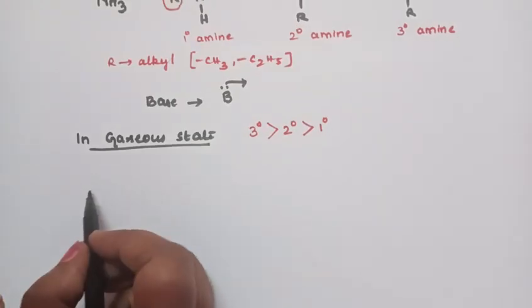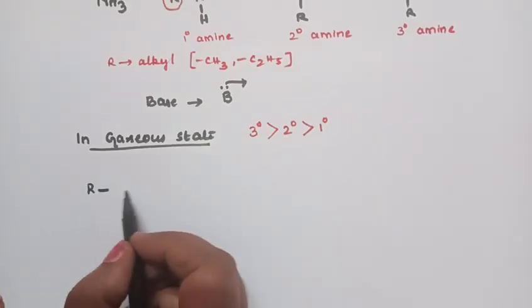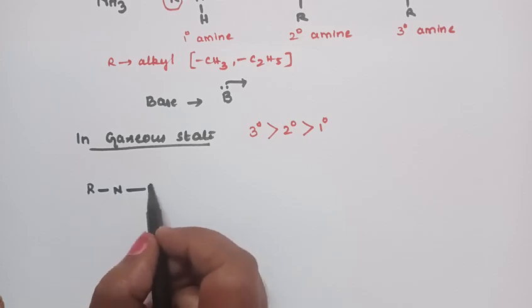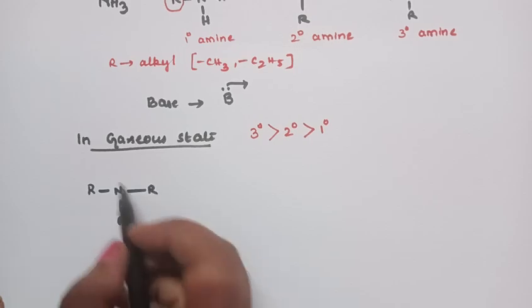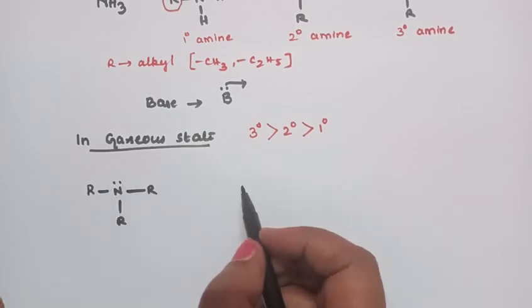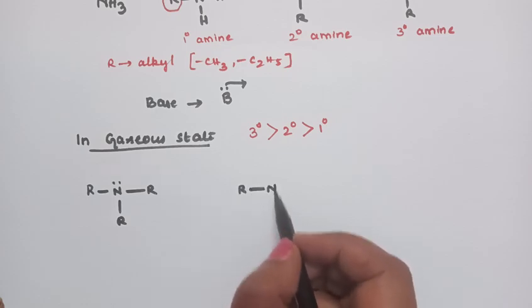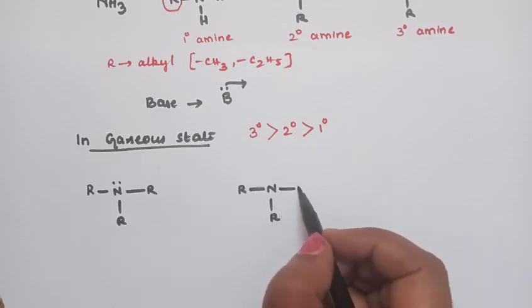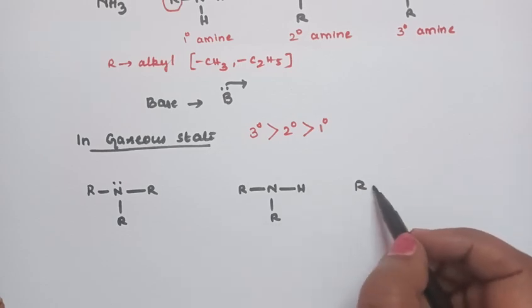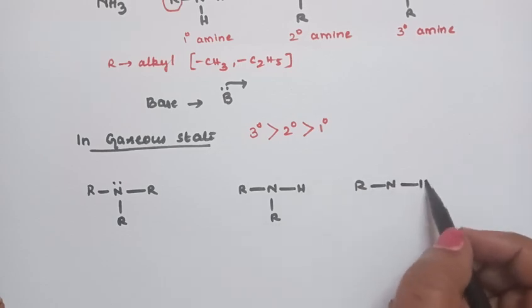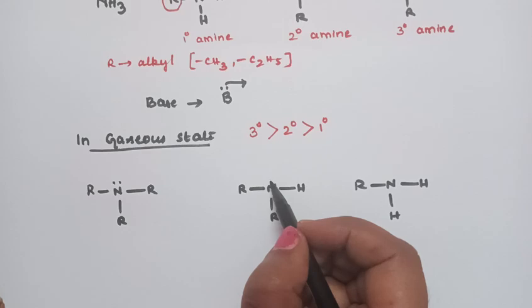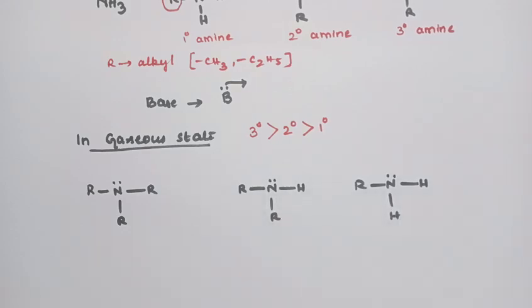So write tertiary amine. Tertiary amine is R, N, R, R, with a lone pair of electrons. Secondary amine is similar, then primary amine. There is a lone pair of electrons. So this is tertiary amine, this is secondary amine, this is primary amine.